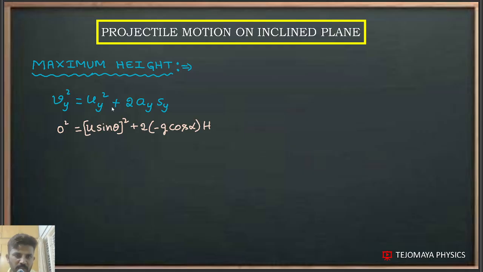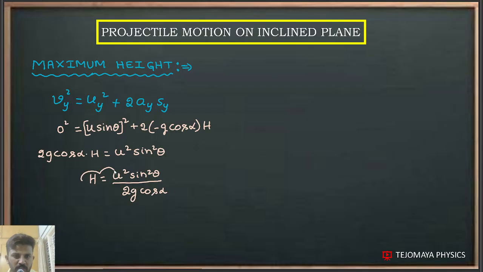Therefore, taking this to the left side, 2g cos alpha into h is equal to u square sine square theta. So h is equal to u square sine square theta divided by 2g cos alpha. So this is the expression for maximum height reached by the projectile.